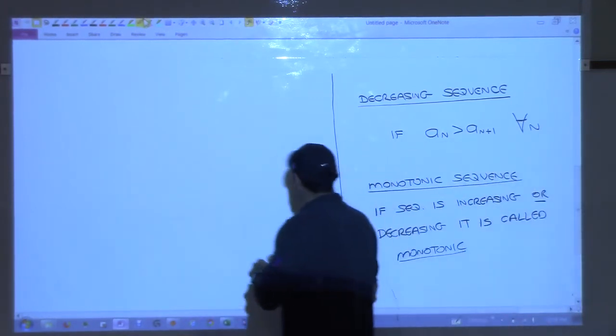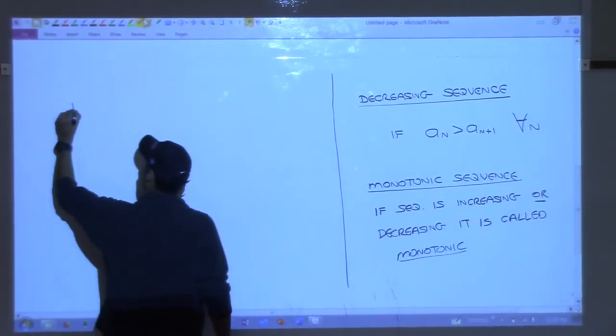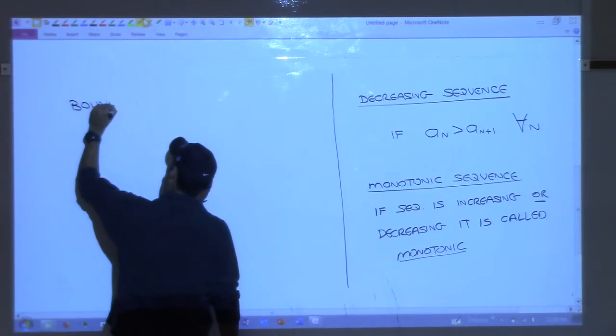Okay, so now the next definition is bounded.